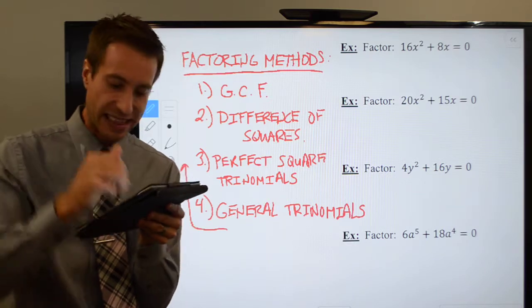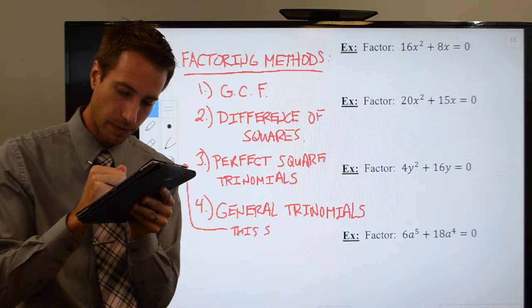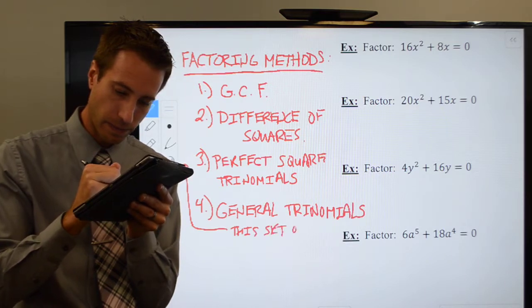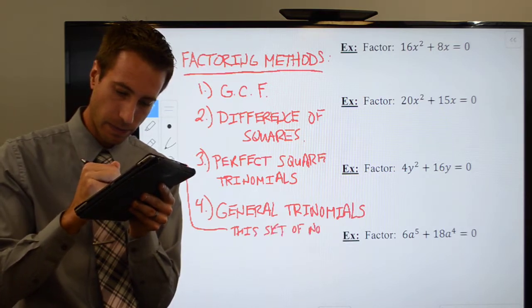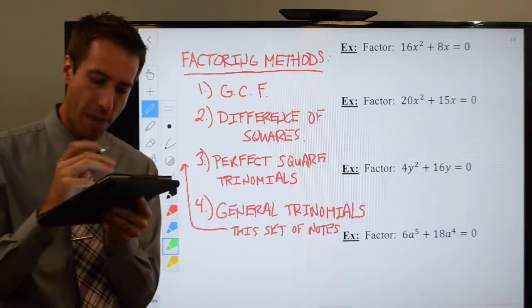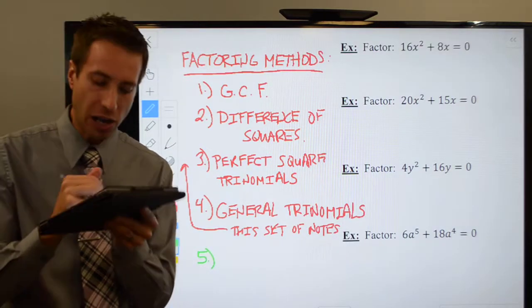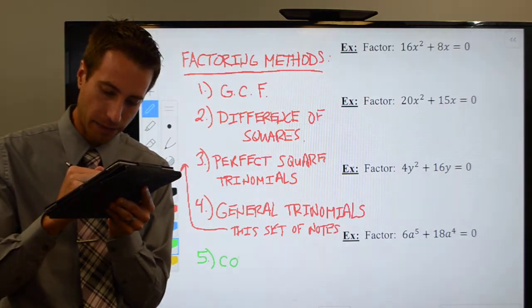These guys are going to be in this set of notes. But in a little bit later chapters, we'll pick up 2 more methods. Option number 5 is going to be what we call completing the square.